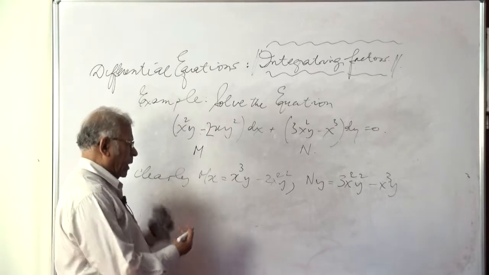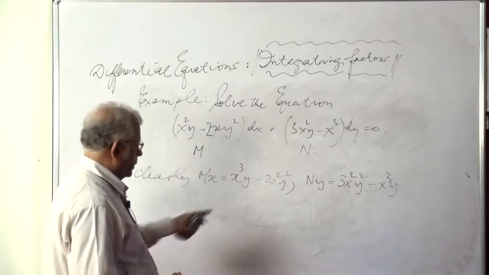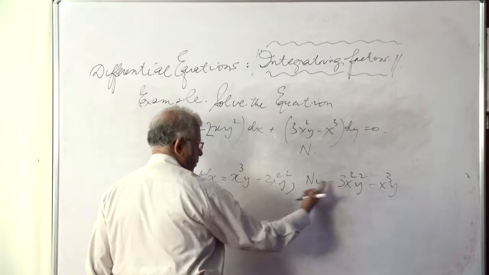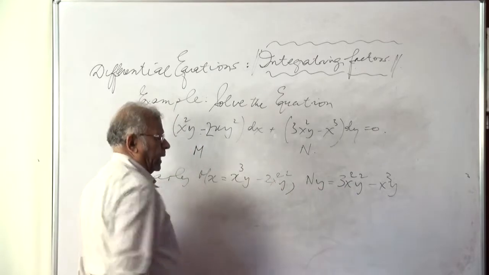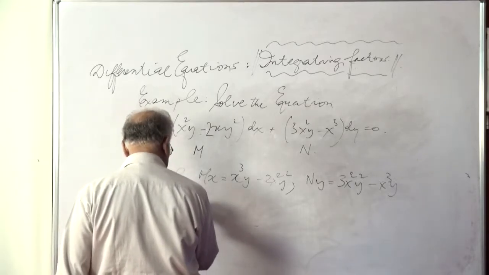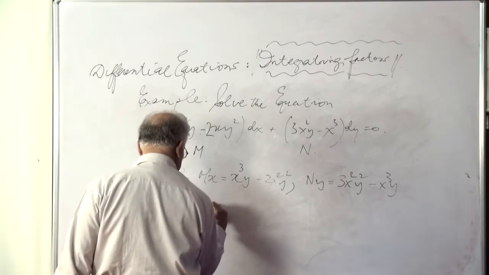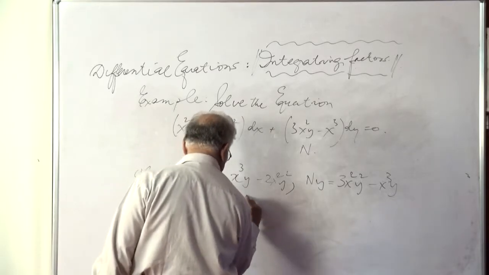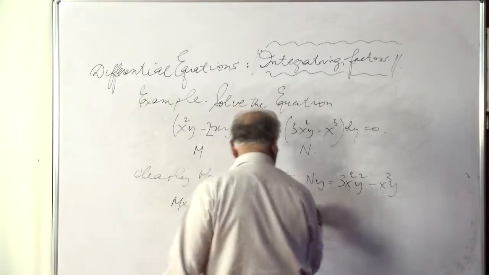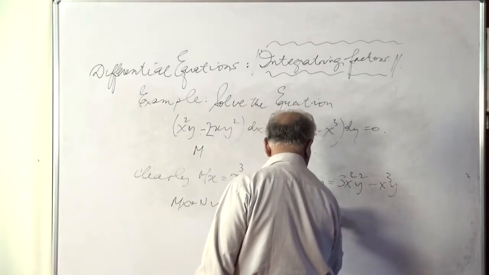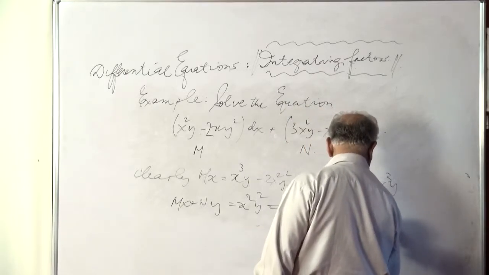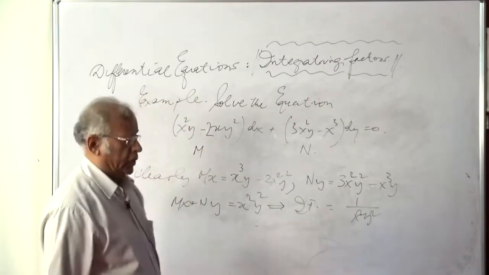When we add them up to get Mx plus Ny, these two terms will annihilate each other, and 3x square y square minus 2x square y square is x square y square. So evidently Mx plus Ny is x square y square, implying that the integrating factor here is 1 over x square y square, according to the rule that we just discussed.